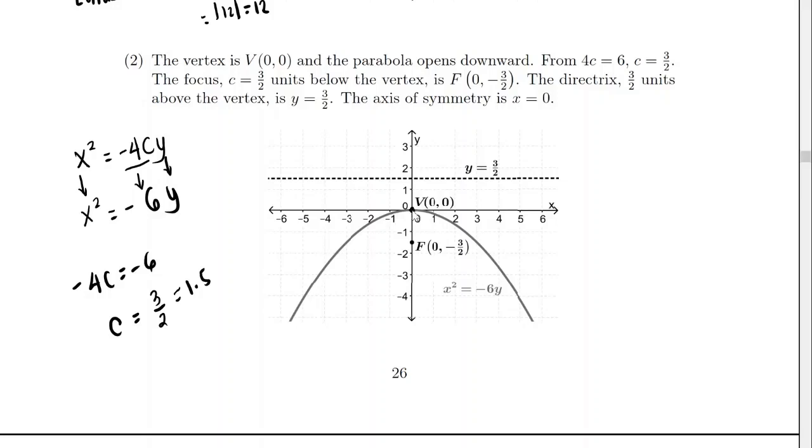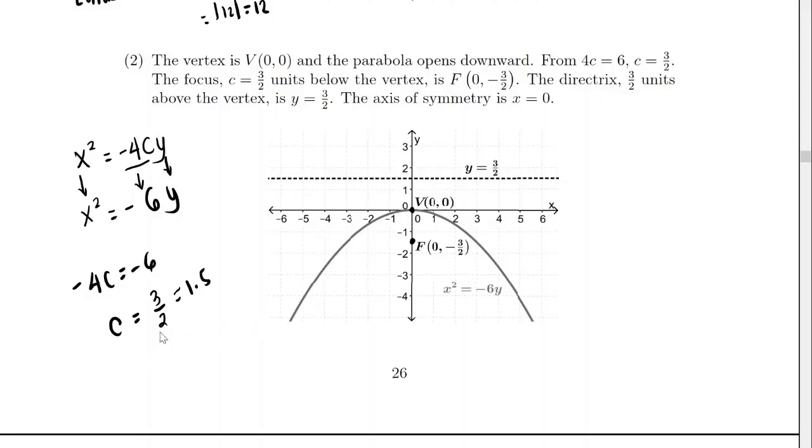If this is the vertex at the origin, we have 1.5 units to the focus, at the point (0, negative 3/2), on the negative side of y. How about the directrix of the parabola?